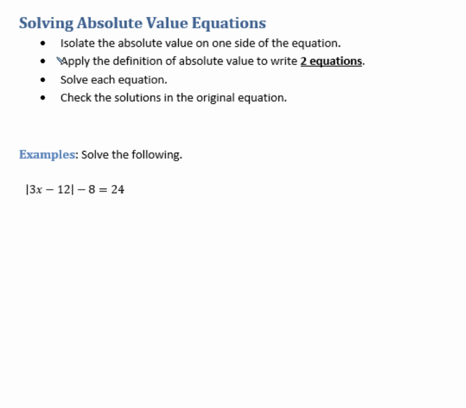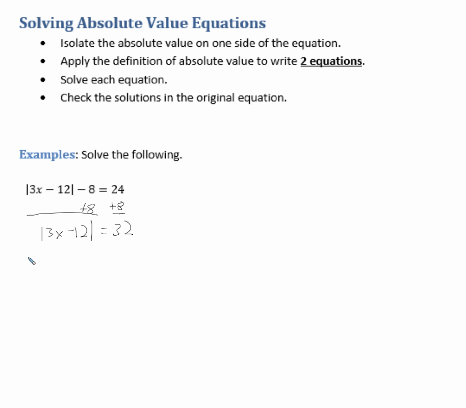Our last one here, isolate the absolute value. Well, we do have to do something here. We're going to add 8 to both sides to isolate the absolute value. And we get absolute value of 3x minus 12 equals 32. Now we have the absolute value equals a number. We can apply the definition.